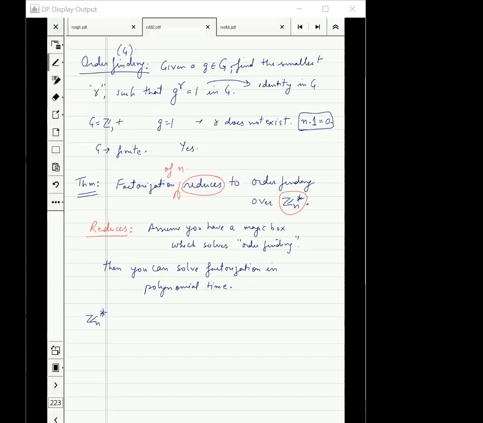Zn star is the group of all numbers less than n and co-prime to n. More importantly, under multiplication. So after Zn, this is one of the simplest groups where the group operation is not addition. For example, how many elements are there in Z4 star?